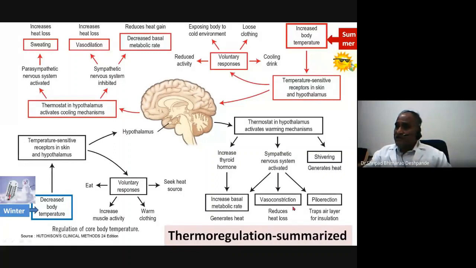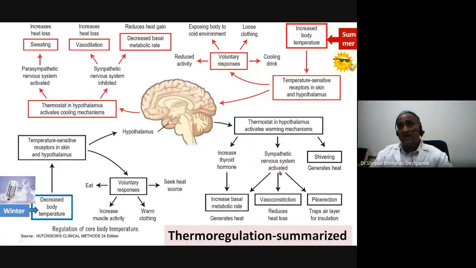And it produces the piloerection I was talking about. This piloerection, one, increases the metabolism, and also it traps the air and insulates. And it also activates the shivering mechanism that generates heat. So these are the two things.